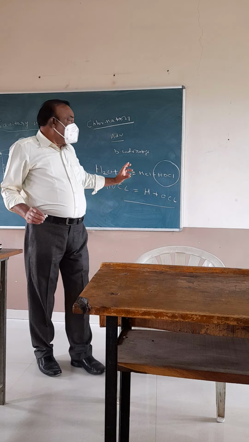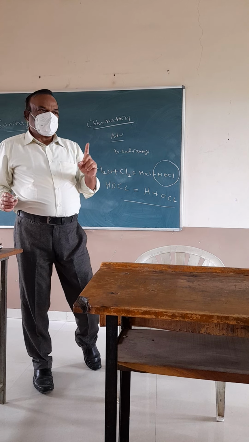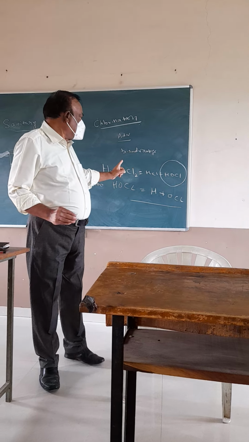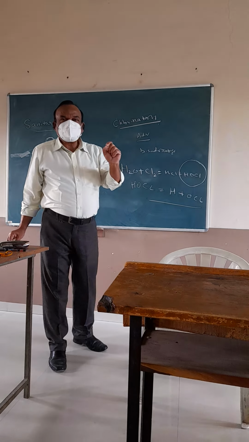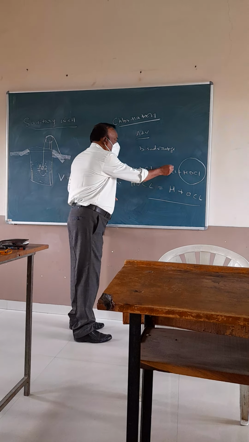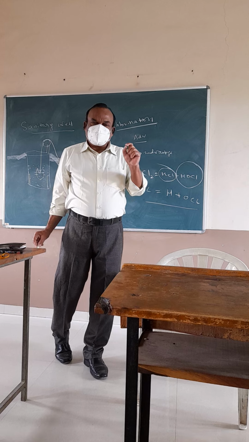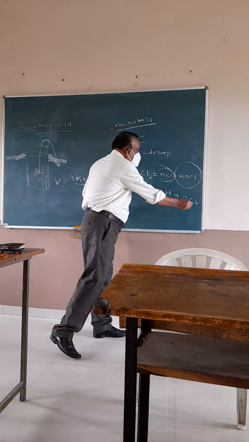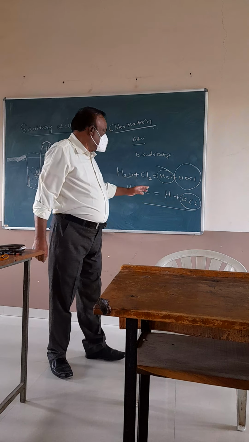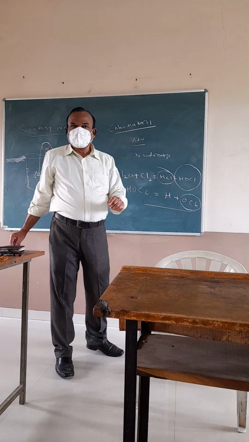Next, for better chlorination, as you are using the bleaching powder, the pH of the water should be 7. This hydrochloric acid is neutralized. This is hypochlorous acid, this is hypochlorite ion.